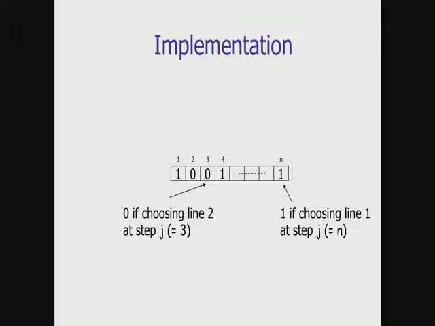The implementation of this brute force algorithm is to keep a bit vector where 0 indicates that the chassis will go through line 2 and 1 indicates that the chassis will go through line 1.